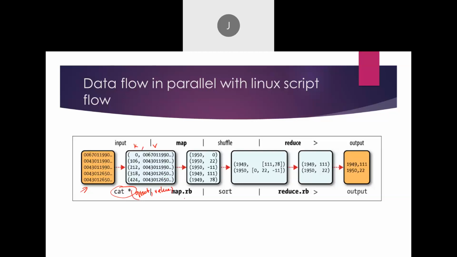Then they have a map.rb script that takes the year and appends the temperature registered. Then they do a sort in the script.